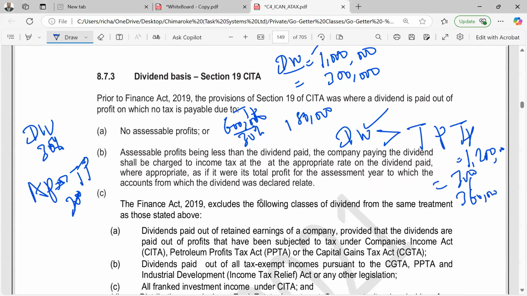You have already paid 300,000 as your dividend tax. All you need to pay is the difference of 60,000. So it means that your total profit is now your total profit, and your dividend tax is seen as an advance tax on your total profit.